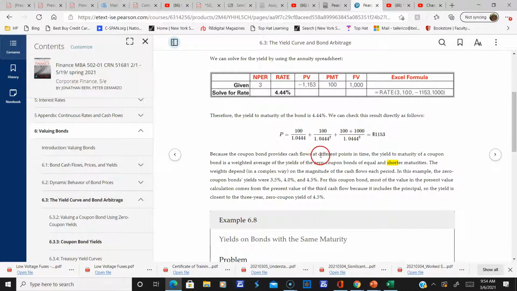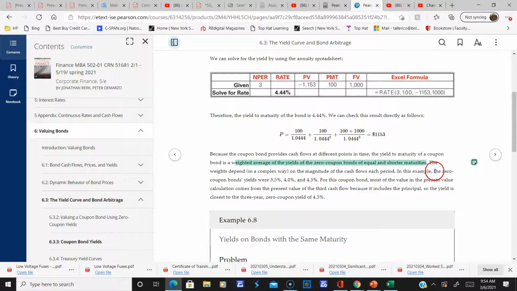Because coupon bonds provide cash flows at different periods of time, the yield to maturity of a coupon bond is a weighted average of the yields. That's important. It's a weighted average of the yields of zero coupon bonds of equal and shorter maturities. The weights depend in a complex way on the magnitude of the cash flows each period.